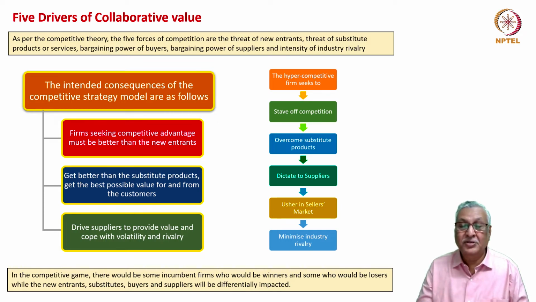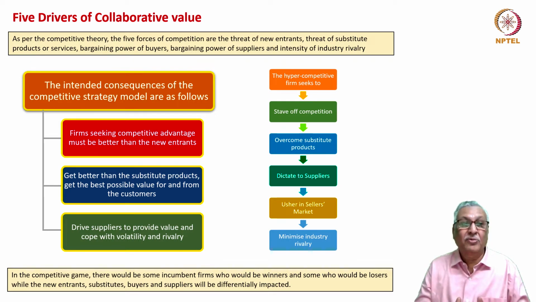Dictate to suppliers in good times as well as difficult times. Usher in sellers market, that is, create shortfalls and try to have better control over the way in which the market operates, and minimize industry rivalry, try to cartelize. So these are all the ill effects of trying to be hyper competitive in an industry.